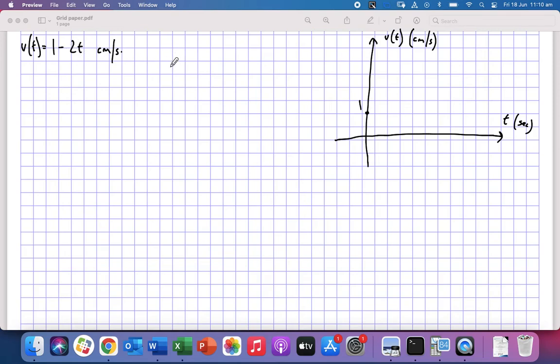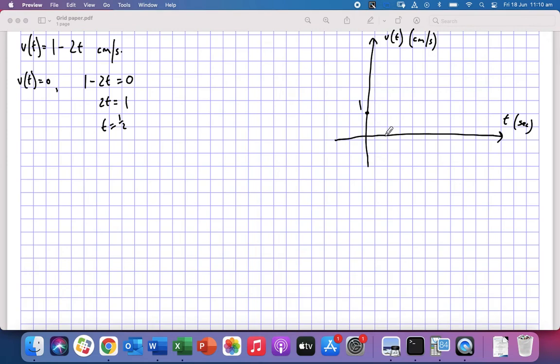The x-intercept, so we could say when's the velocity equal to 0? When 1 minus 2t equals 0. So 2t equals 1, meaning t is a half. That's our x-intercept on the graph.